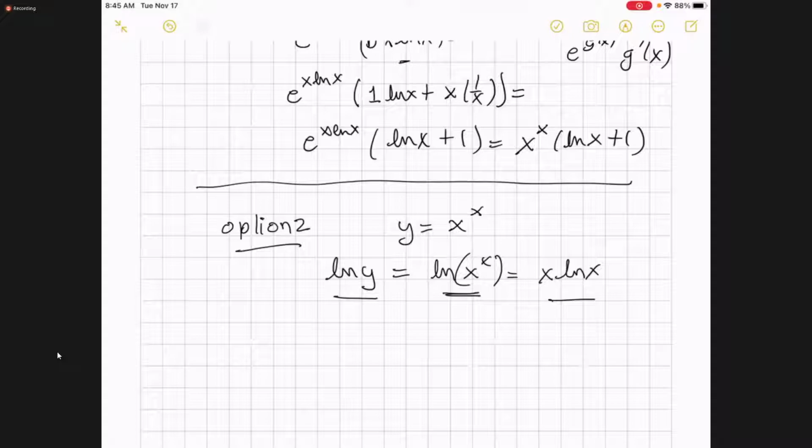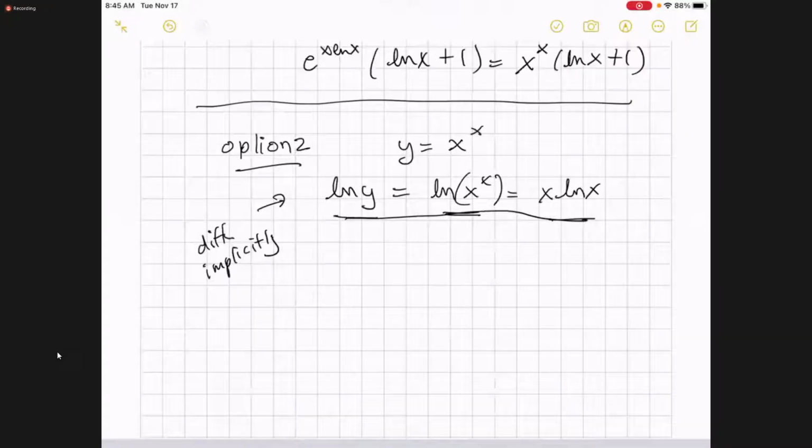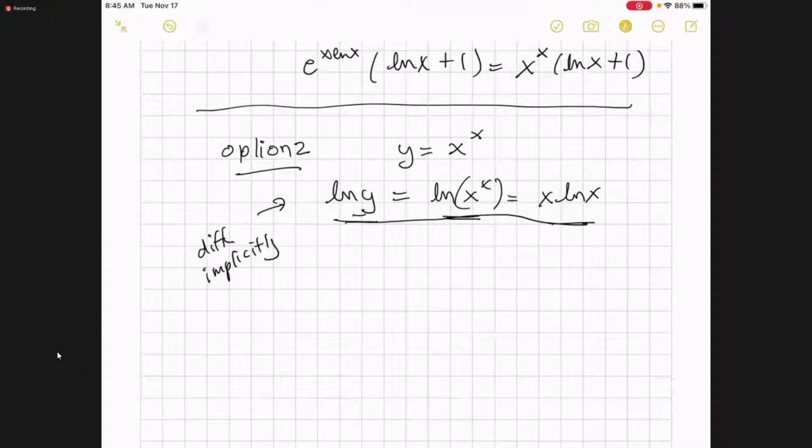I want the derivative of y, but I'm going to differentiate implicitly. So the derivative of ln y would be 1 over y times y prime, because y is a function of x.